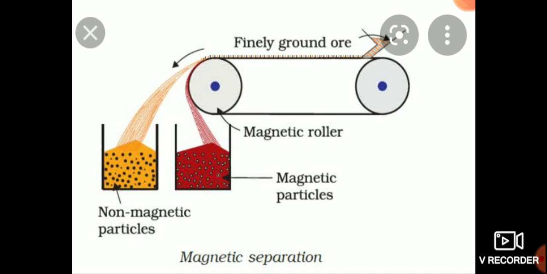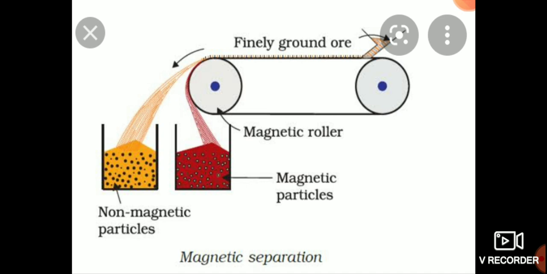They are separated apart from the non-metallic particles. The non-metallic particles are collected in one place, and the metallic particles are collected in the other beaker. This is the magnetic separation method.